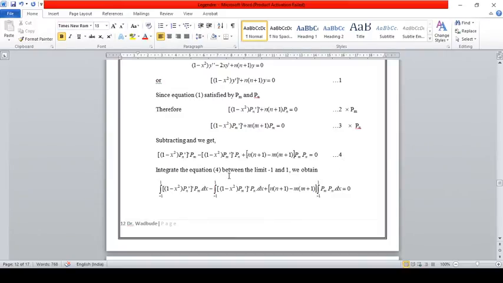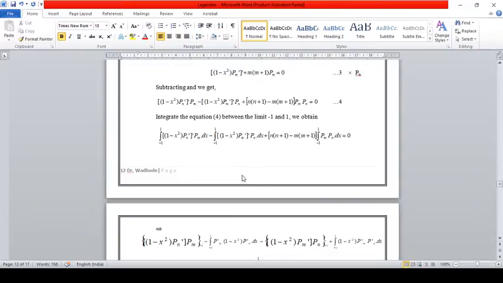Integrating equation 4 between limits minus 1 to 1, this is the first part, the integration from minus 1 to 1 of d/dx[(1 minus x^2) P_n'] P_m dx, and this is the second part, again the integration from minus 1 to 1 of d/dx[(1 minus x^2) P_m'] P_n dx, and this is constant, so the integrating part is P_m P_n.